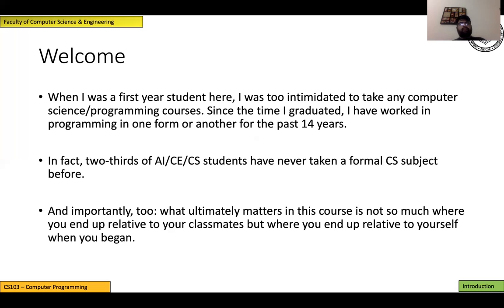I actually started my bachelor's in 2002, August 24, if I remember the date correctly. And the first 4 months were spent doing a very similar course called CS101, which was my first computer science or programming course as such.